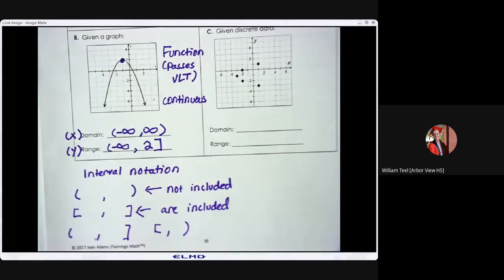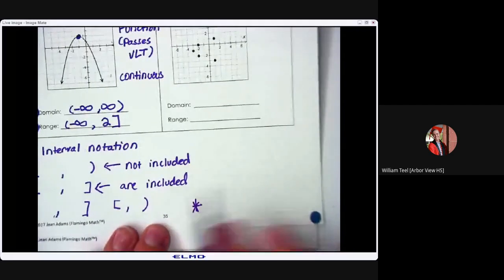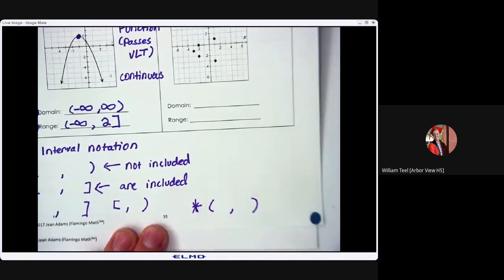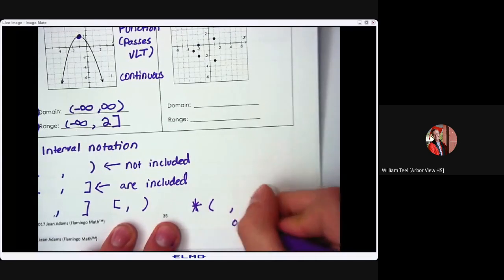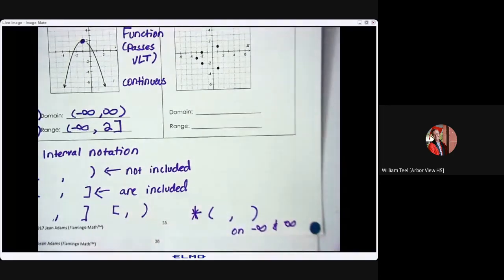Now, just a quick note: when we are referring to infinities in either our domain or our range, we are always going to put the infinities in parentheses and not brackets. This is because we don't have an exact idea of what infinity is. We don't know what concrete number that is. Since we don't have a concrete idea of what that number is, we just put parentheses around it, but it still represents all real numbers.